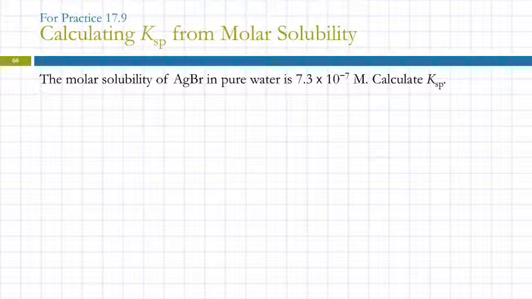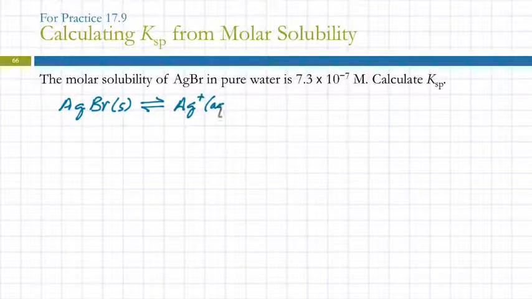The molar solubility of silver bromide in pure water is 7.3 times 10 to the minus 7th molar. Calculate KSP. So this is doing that backwards, right? So again, we should write the chemical equation for this dissolving, because we want to be clear that we've got the correct stoichiometry. We're given the molar solubility.